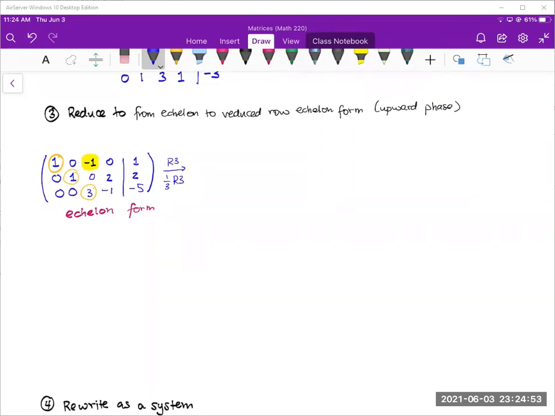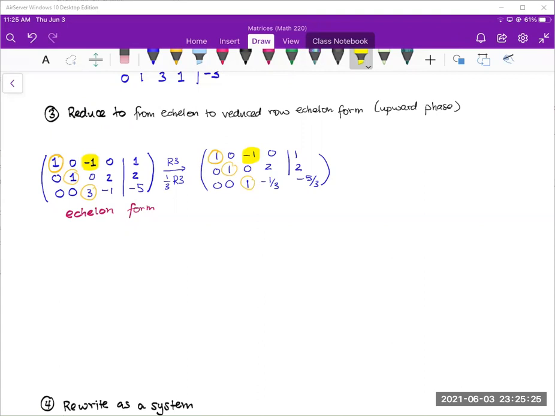All right, this introduces some fractions, but that's not the end of the world. Sometimes we'll have some fractions to work with. So this gives us, each term gets divided by 3. So we have 0, 0, 1, negative 1/3, negative 5/3. Okay. All right, we are looking at row 3. We look above it, we see this -1.